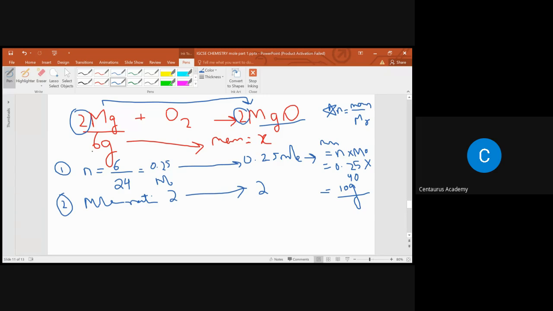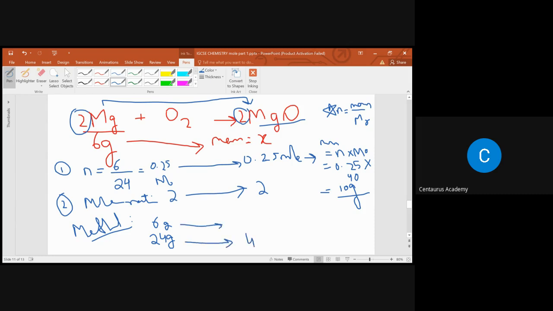10 grams of magnesium oxide is basically produced from 6 grams of magnesium. There is one other method you can use: simply using the method of reactant masses. When you have the mass given to you, you don't need to find the number of moles. Use the molar mass of this substance: magnesium, 24 grams, would produce how much magnesium oxide?